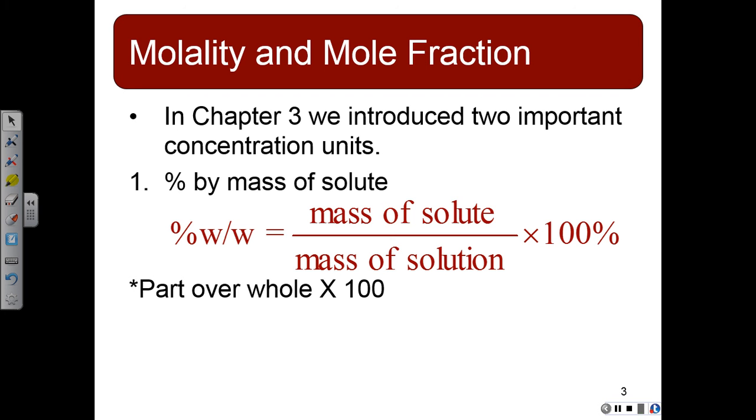So you would have 6 grams as your mass of solute, right? That's what our definition here says. It also says that we have that over mass of solution. So what's going to go in the bottom? 30. Everybody agree with that? Why not 36?